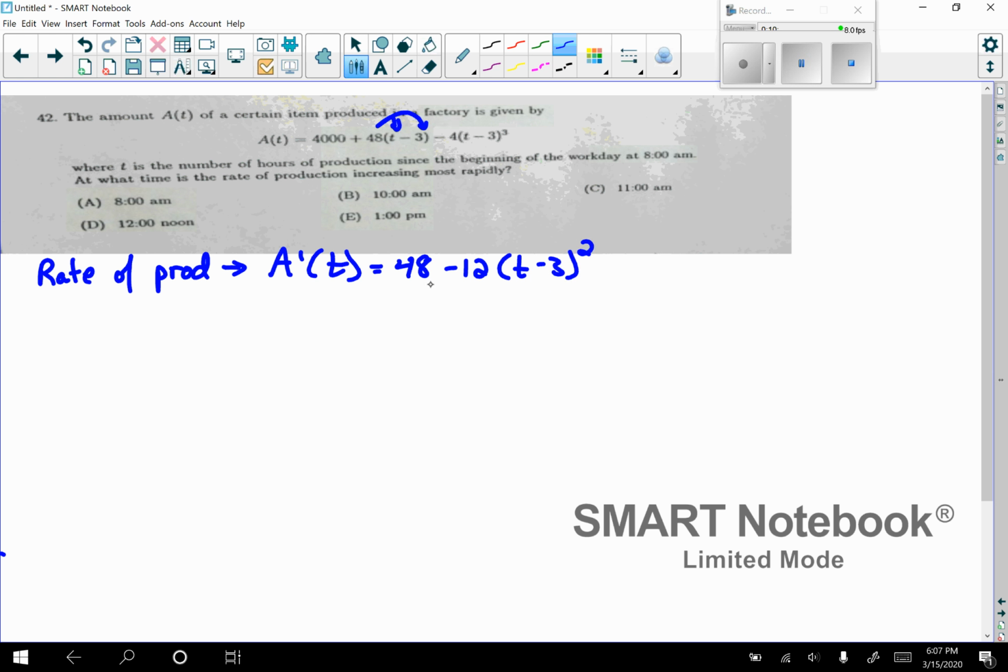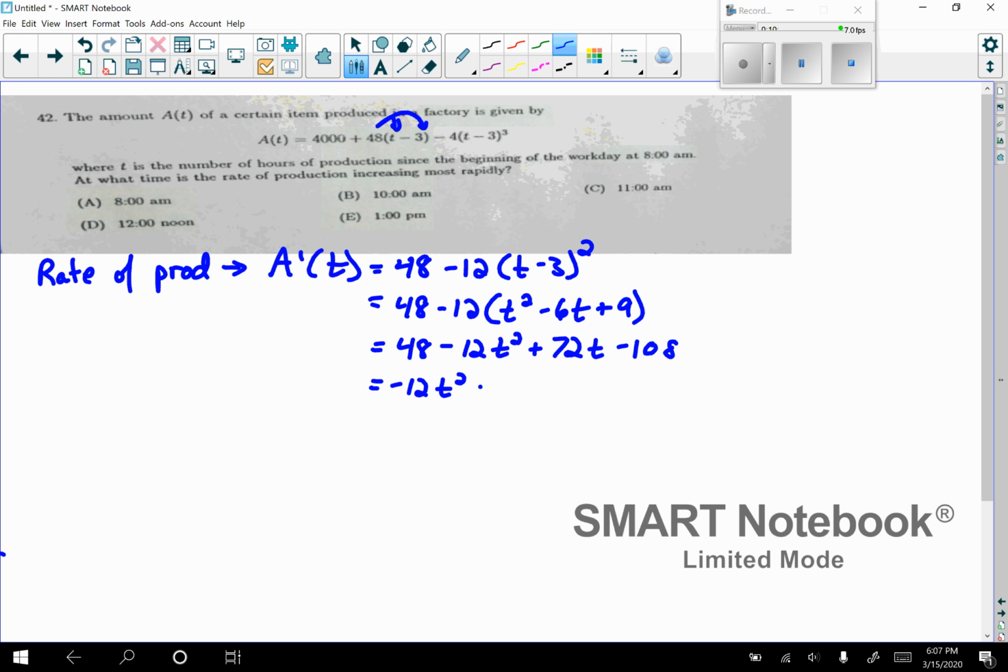But here's our first derivative, and even if we wanted to expand that, we would just get 48 minus 12, we'll get t squared minus 6t plus 9. 48 minus 12t squared plus 72t minus 108. So we get negative 12t squared plus 72t minus 60.